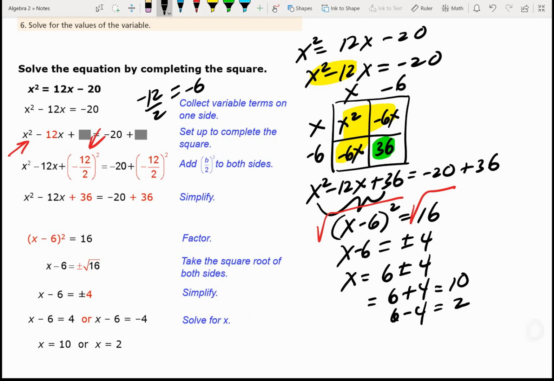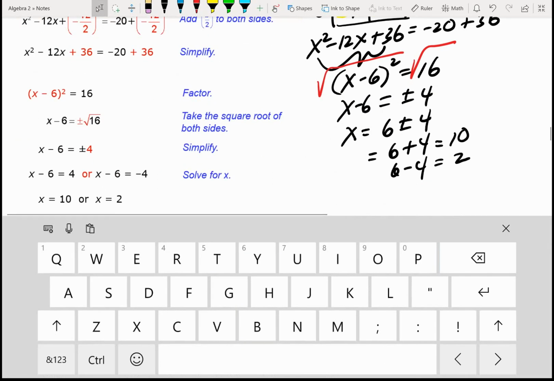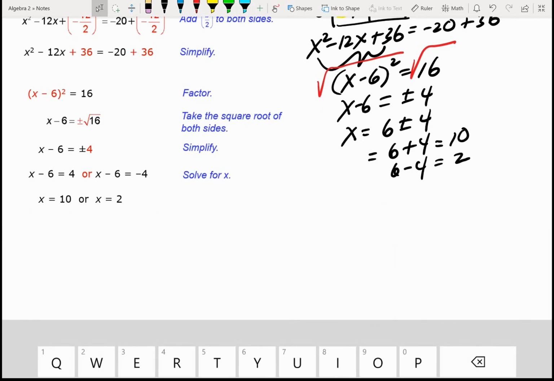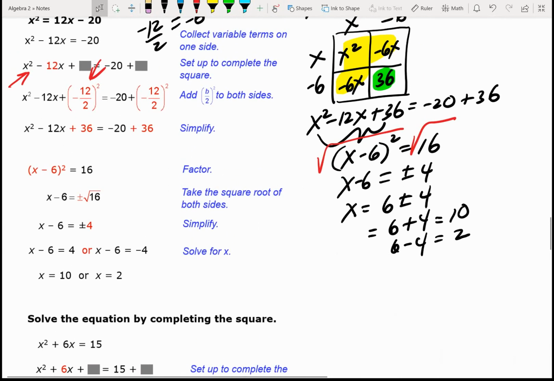Now, we could have just as well factored that one, because we started, so here I'll show you. We had x squared minus 12x equals negative 20. If I bring the 20 over, it becomes positive. Set that equal to 0. If I add 20 to both sides, I get x squared minus 12x plus 20 equals 0.